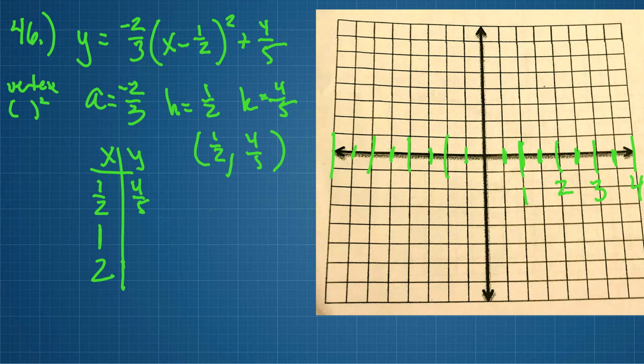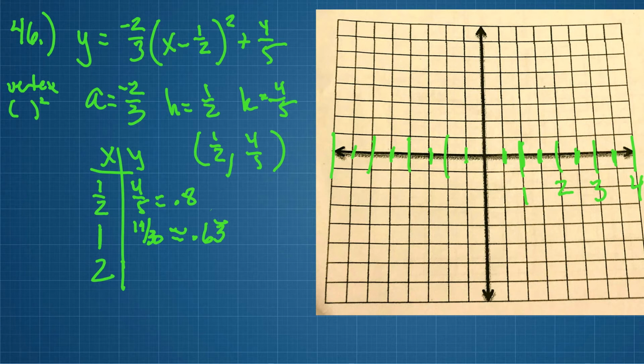So I plug in 1 for x. I get x minus 1/2, which is a half. A half squared is 1/4. 1/4 times negative 2/3 is negative 1/6. And then I add 4/5. It's going to end up being 19/30. You should probably know that's pretty close to 0.6. It's 0.63 repeating. So it's about 0.6. And if you don't know, 4/5 is exactly 0.8. Just so you have a general idea of how this is going to be graphed.